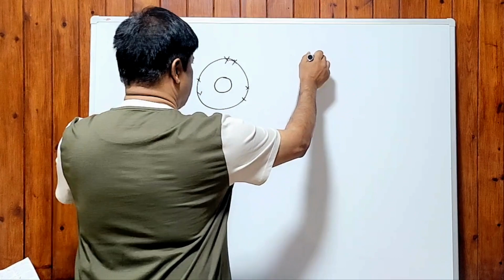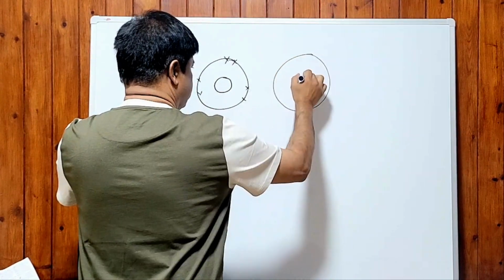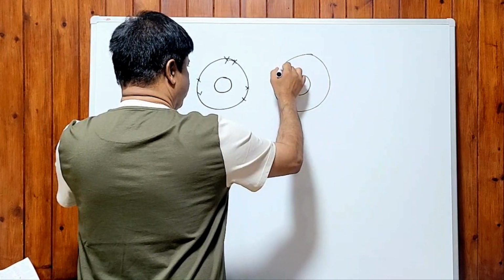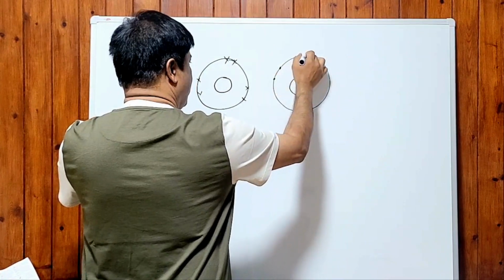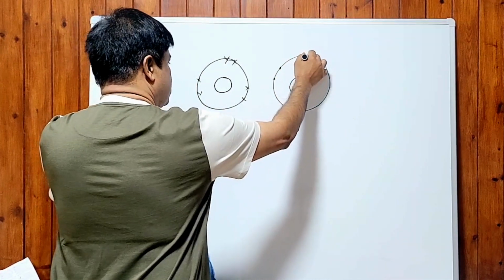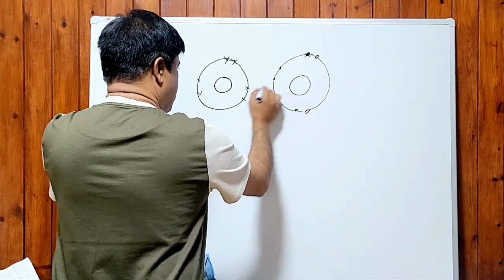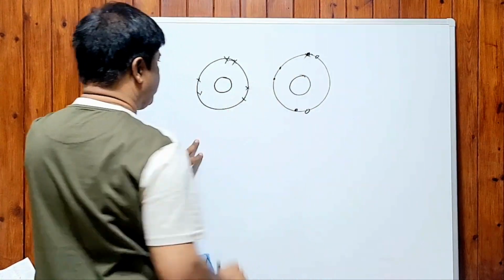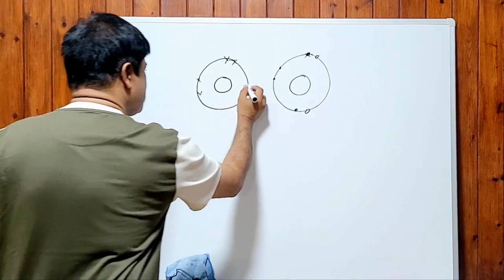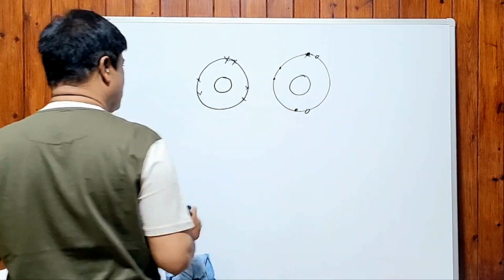One more oxygen atom. It also has 6 electrons. Dot. 1, 2, 3, 4, 5, 6. They share. It's not a complete transfer. Some students draw it like this, but it's not a complete transfer.